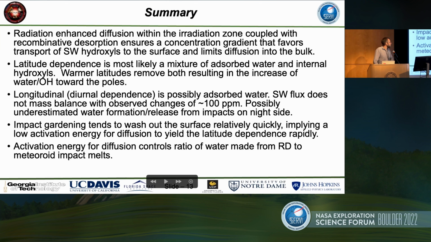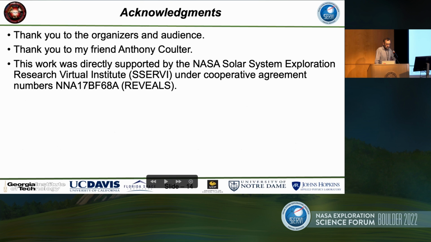And then impact gardening tends to wash out the surface relatively quickly, on the order of 1,000 years, right? So that implies that there is a low activation energy of diffusion to give you that latitude dependence that we see. And finally, the activation energy for the diffusion ultimately controls the ratio of water made from RD to impact melts. And with that, I think I'm slightly over, so I'll just end and take any questions.